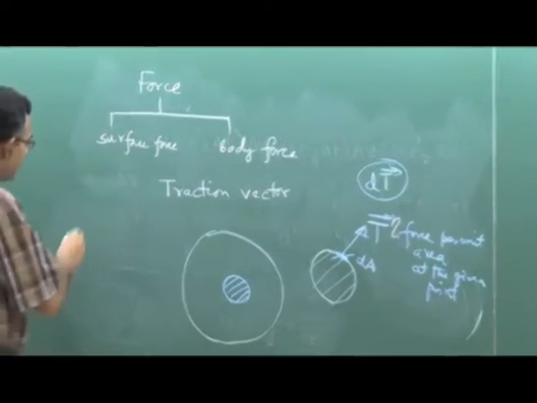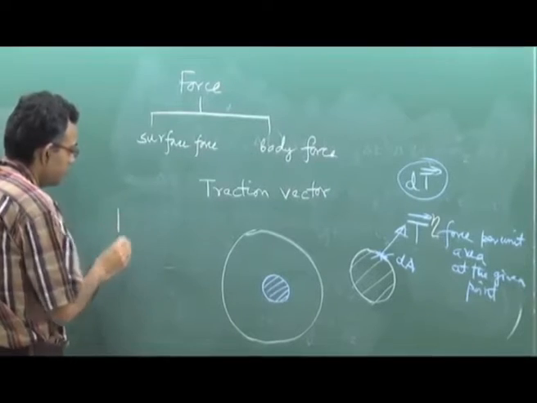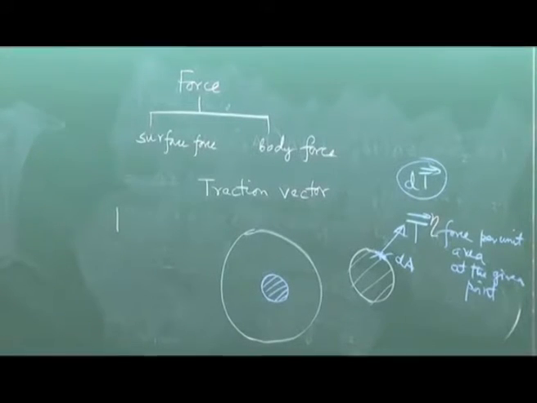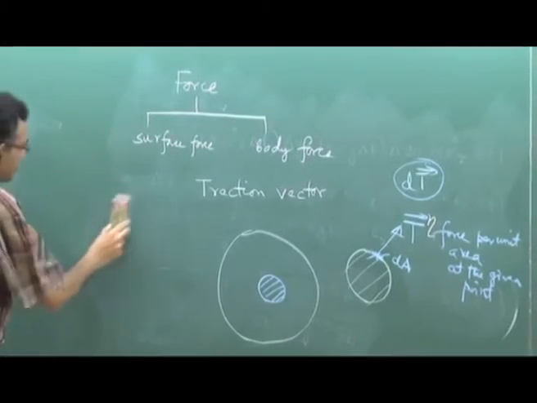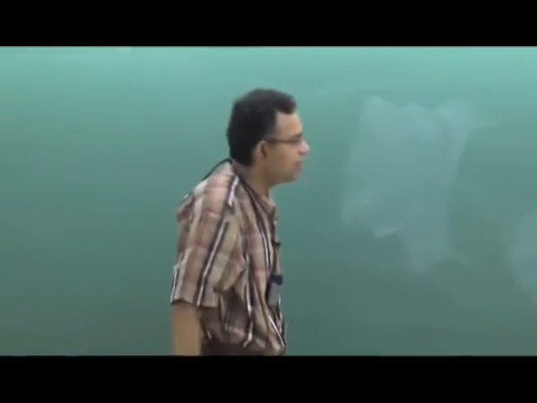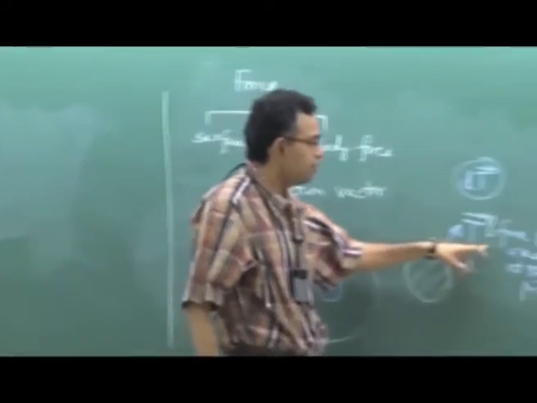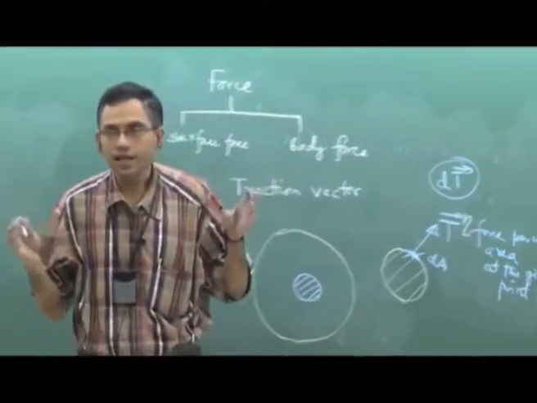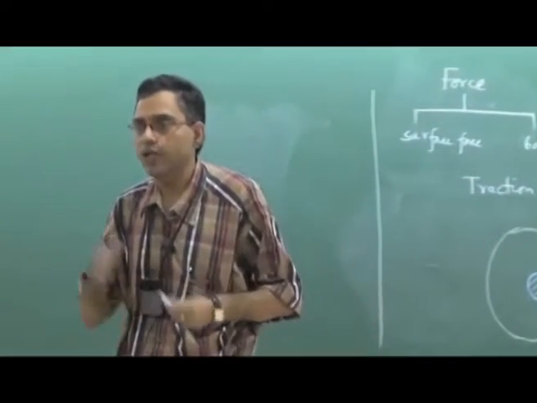So you can write the traction vector using this notation, but in reality it is very difficult to deal with surfaces which are arbitrarily oriented.